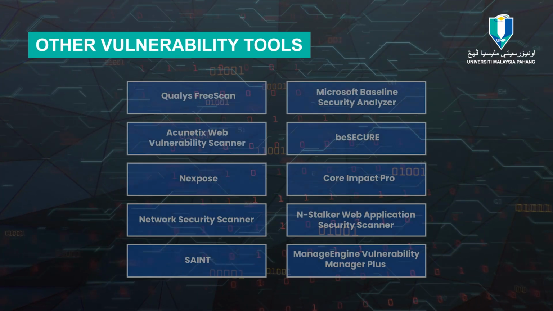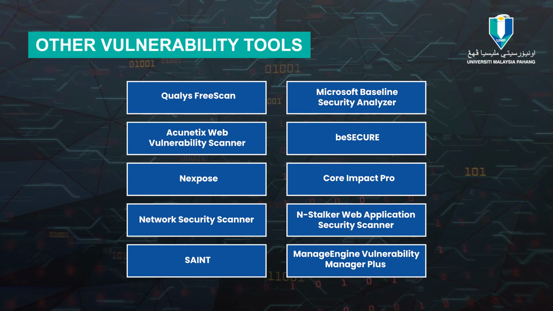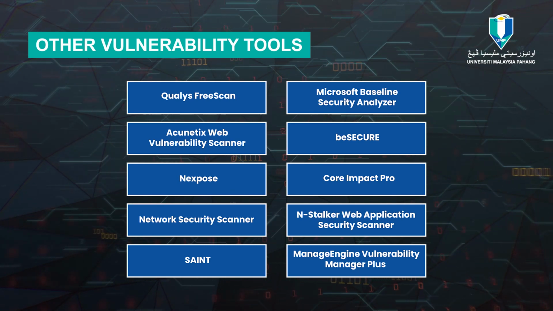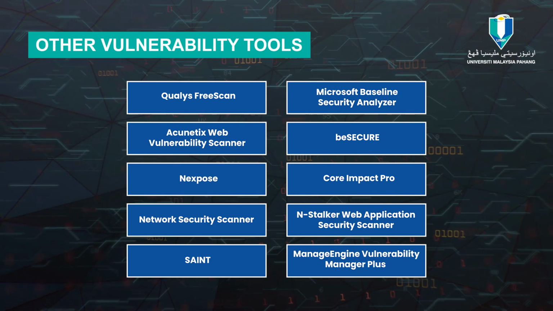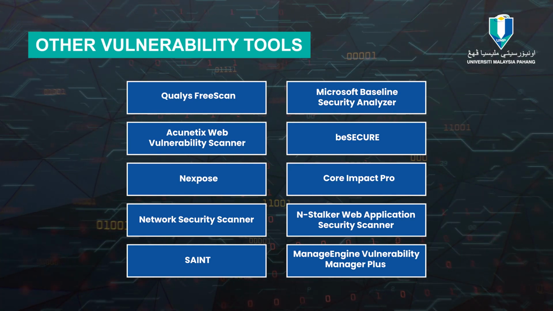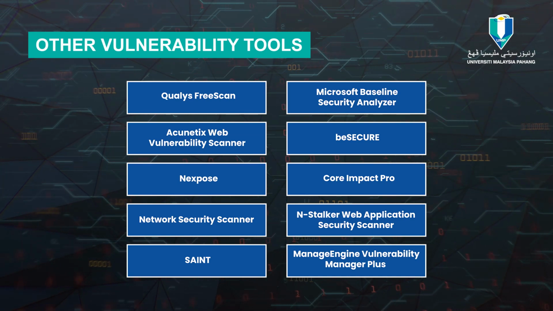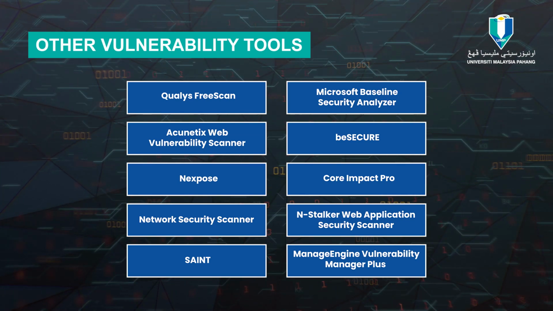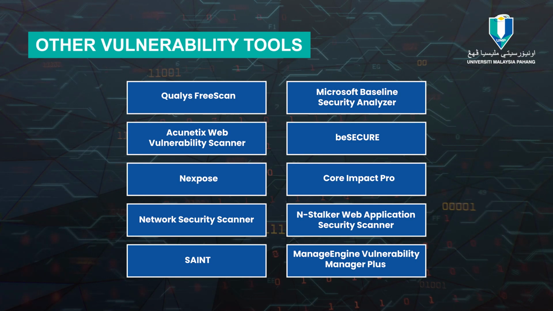For other vulnerability assessment tools, we have Qualys FreeScan, Acunetix Web Vulnerability Scanner, Nexpose, Network Security Scanner, SAINT, Microsoft Baseline Security Analyzer, BeSecure, Core Impact Pro, Netsparker Web Application Scanner, and ManageEngine Vulnerability Manager.